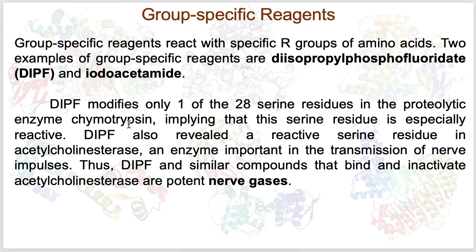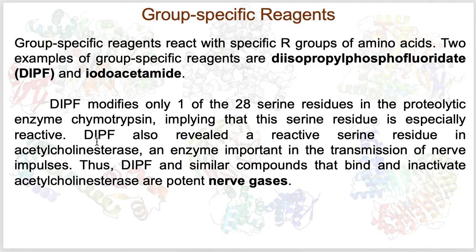In case of chymotrypsin, the DIPF modifies one out of the 28 serine residues of the chymotrypsin enzyme. And in case of acetylcholine esterase, it also interferes with the serine residue of this enzyme. And this enzyme, acetylcholine esterase, is important in the transmission of nerve impulses.